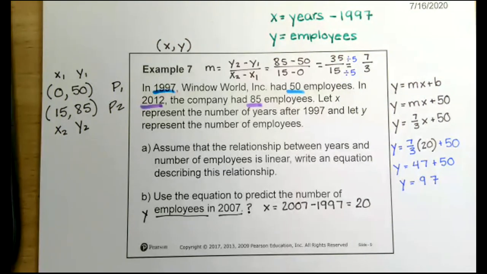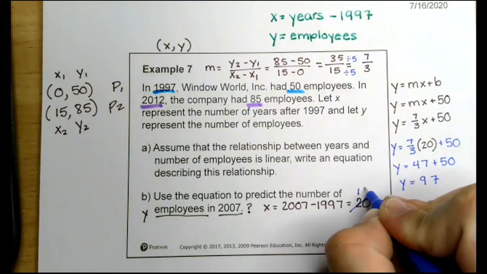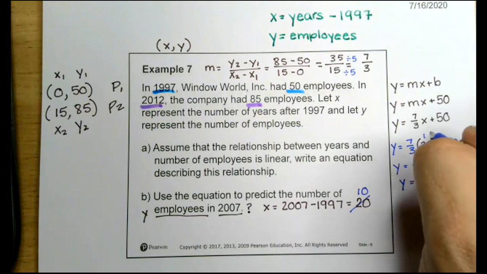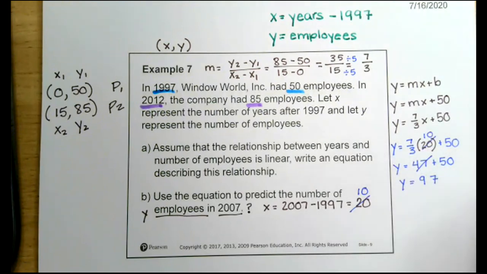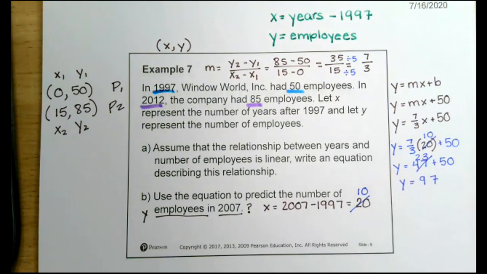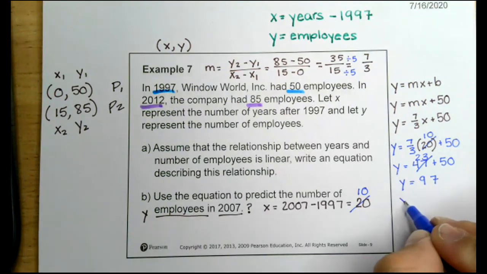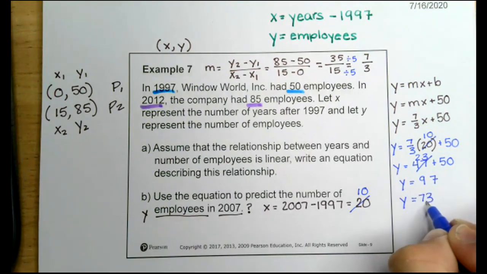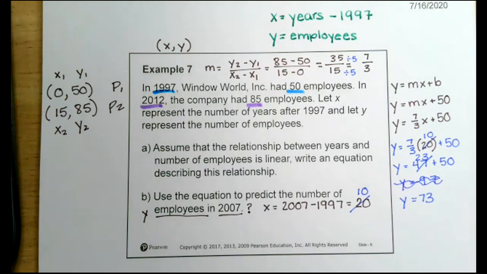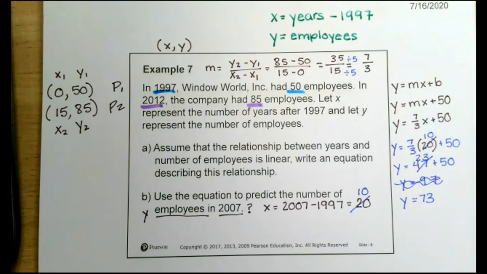Sorry, that was the wrong number. 2007 minus 1997 is 10 years. So instead of 47, we're going to round that to 23. 23 plus 50 is 73. So about 73 employees in 2007.